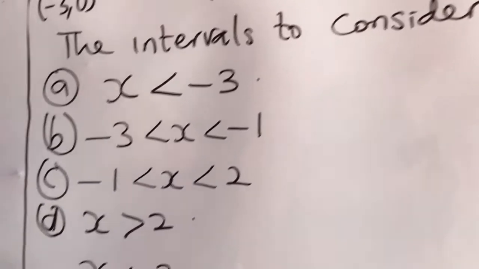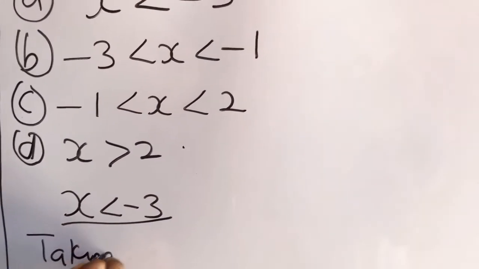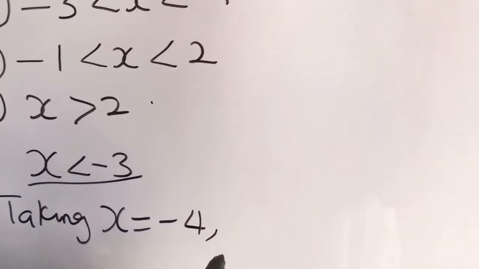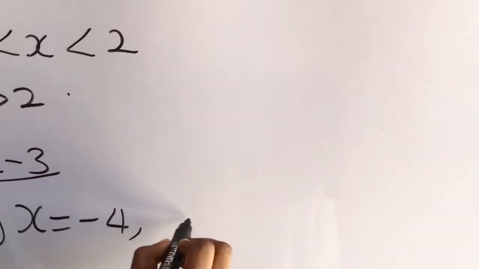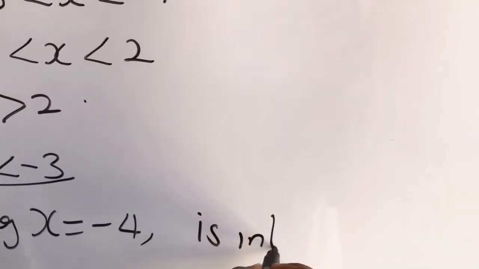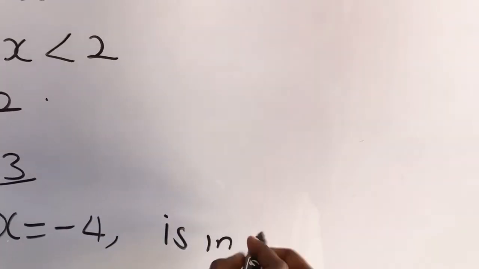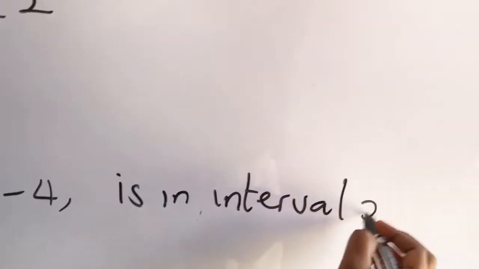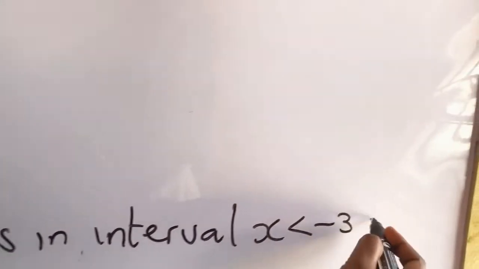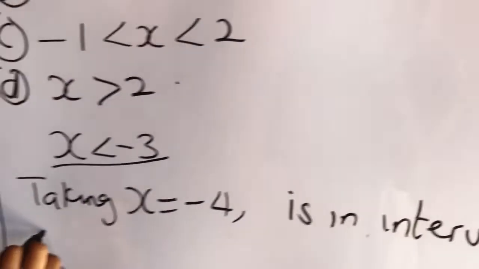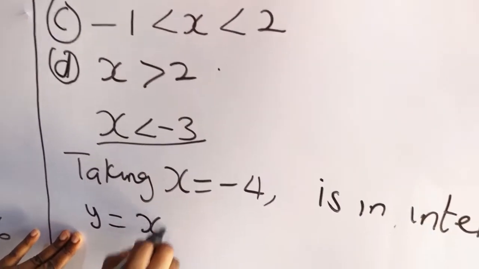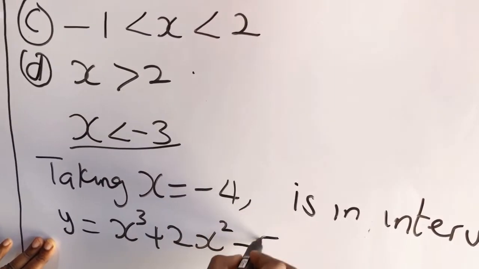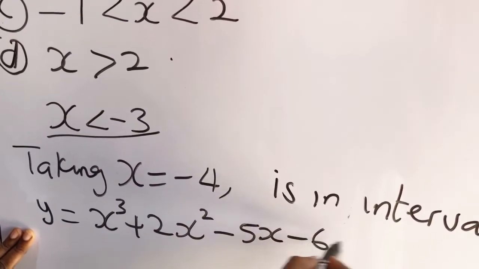So taking x to be equal to minus 4. And we know that this x equal to minus 4 is in the interval x less than minus 3. And don't forget that y is equal to x cubed plus 2x squared minus 5x minus 6.